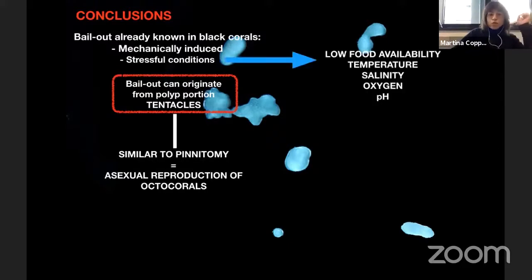Regarding the stressful conditions that could have triggered the bailout event, in the literature many factors are listed, such as low food availability, an increase of temperature, an abrupt change in the oxygen level or salinity, and also a change in the pH.